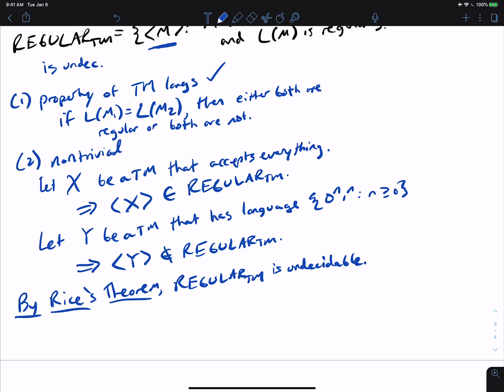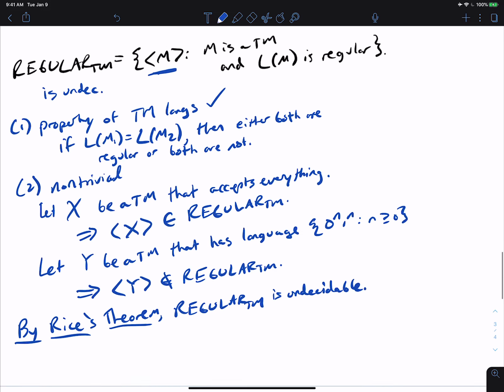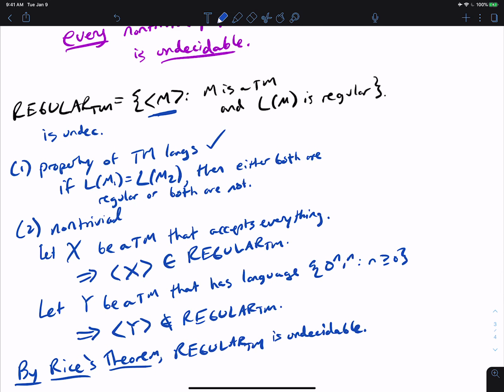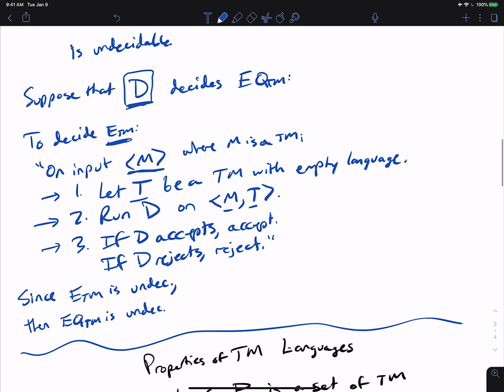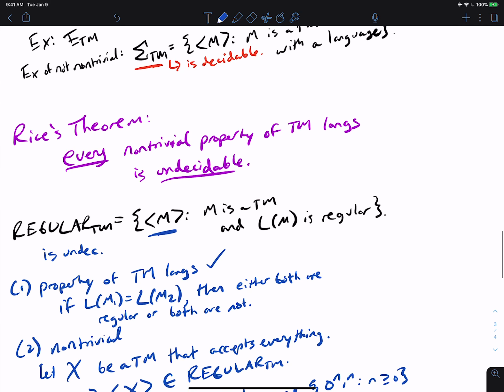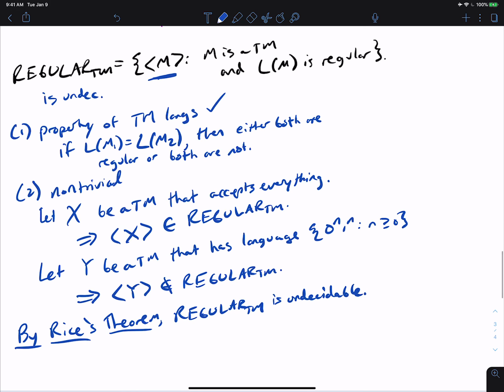So one thing that should be pretty clear: if you can apply Rice's theorem, please do it. It's way easier to use Rice's theorem than to do the work that we did before, like with ETM and ATM and all that jazz. Use Rice's theorem whenever you possibly can.